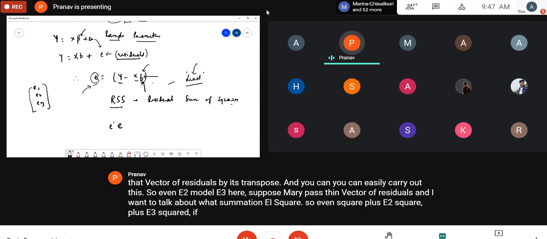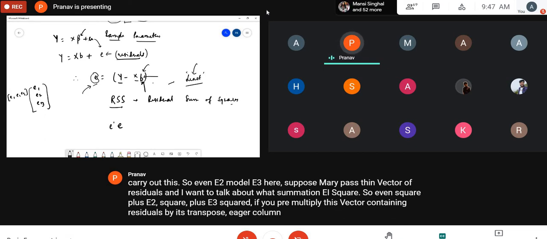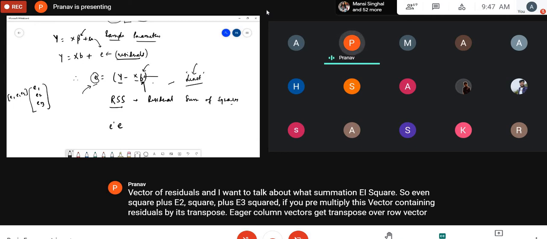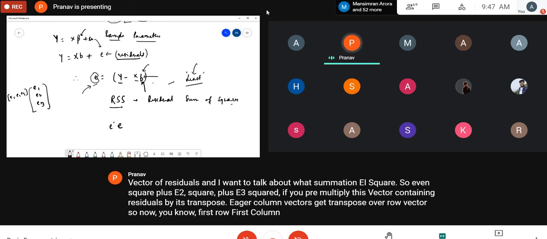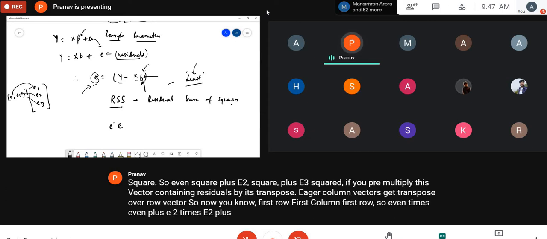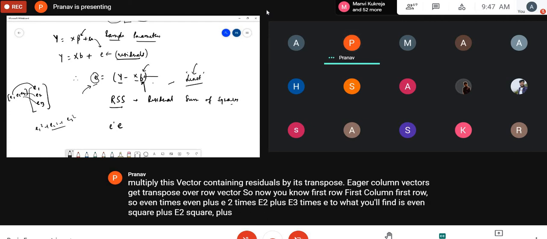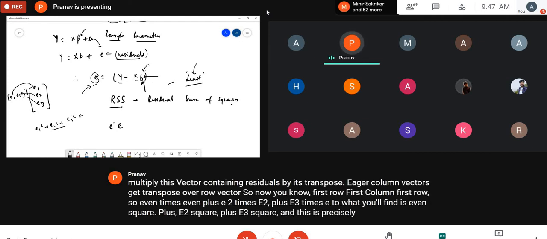If you pre-multiply this vector containing residuals by its transpose, the column vector's transpose will be a row vector. So first row, first column: E1 times E1 plus E2 times E2 plus E3 times E3. What you'll find is E1 square plus E2 square plus E3 square. And this is precisely your residual sum of squares.